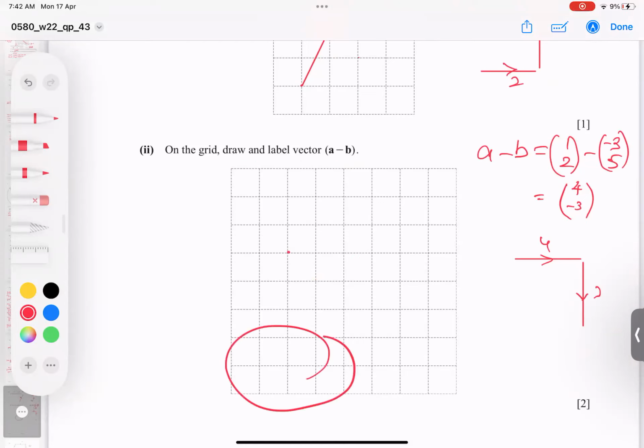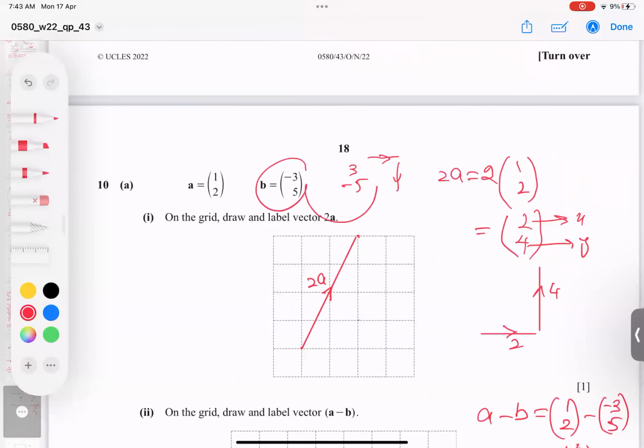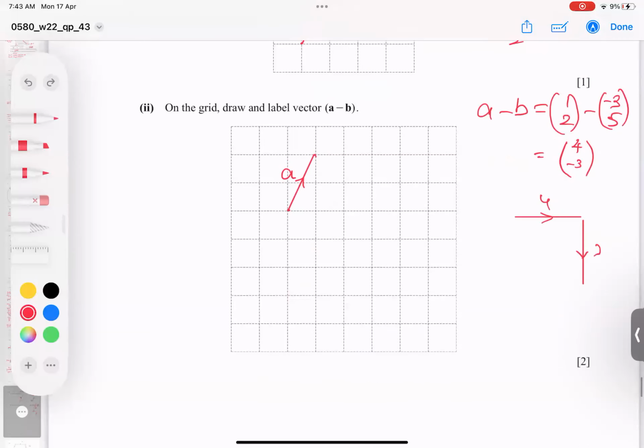Don't start from here, otherwise the diagram will go up out of the portion. So 1 and 2 upwards. This is called A. Now, what is B, students? B is this, but what is minus B? Minus B is this: 3 rightwards and 5 downwards. 1, 2, 3, then 1, 2, 3, 4, 5.